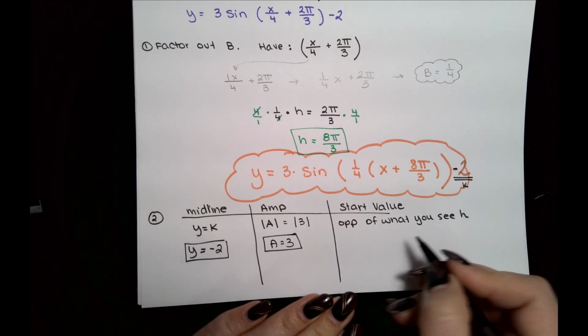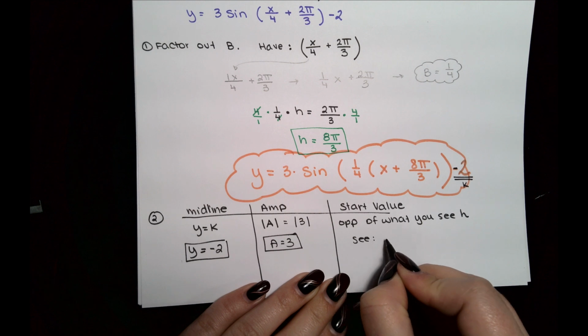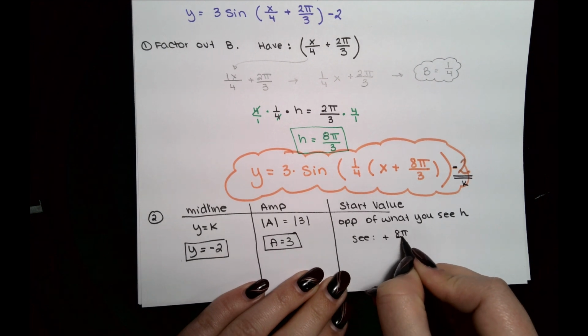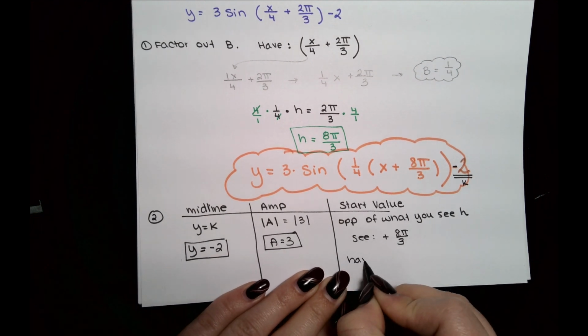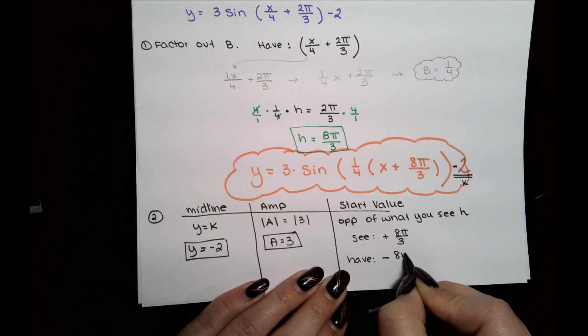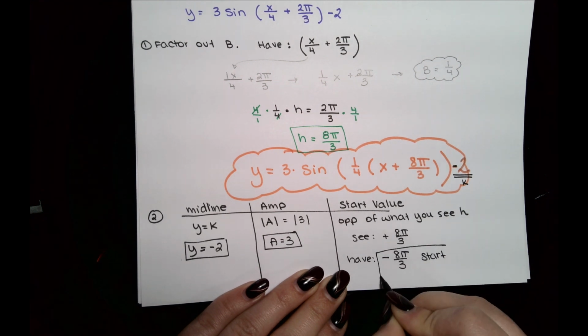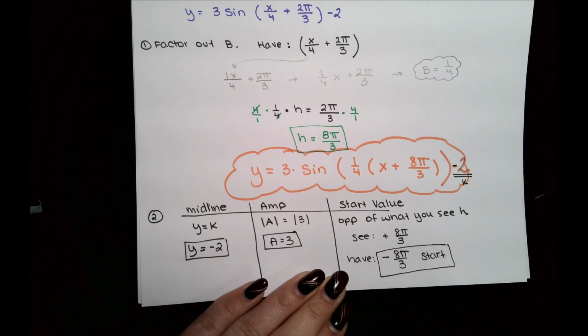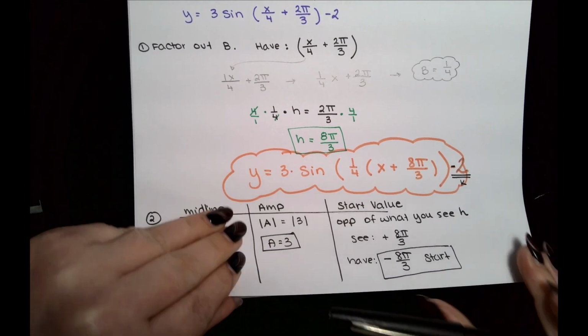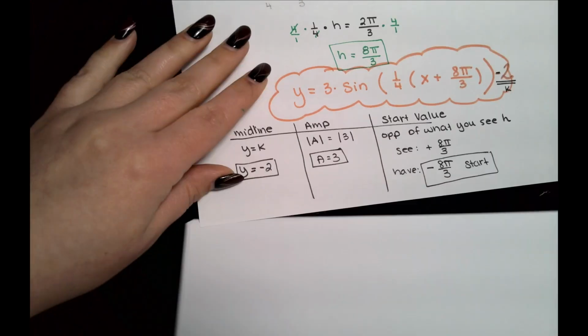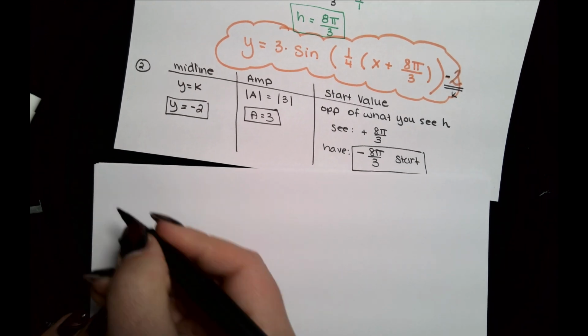Then your amplitude. What I see is a positive 8π/3. That means I have a negative 8π/3 as my start value. Okay, that's step number 2. Step number 3, we're going to calculate our new period.